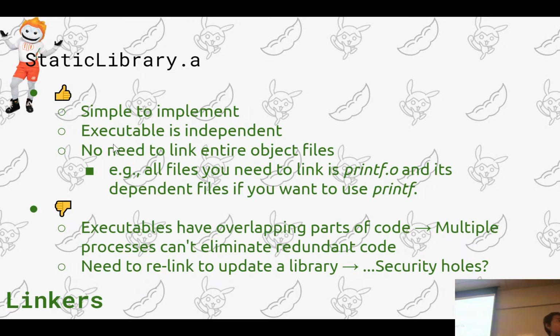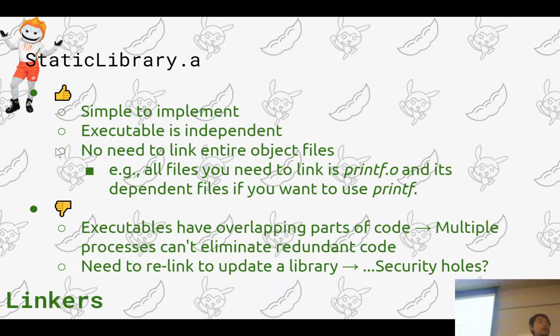A good point is that it's simple to implement and simple to understand. Just put compressed files, and the executable is independent. Executables contain necessary symbol information without any dependencies. It makes programmers happier to run the executable, and there is no need to link the entire object files.